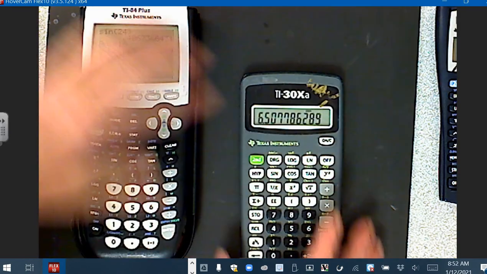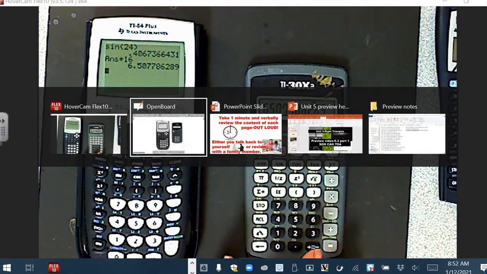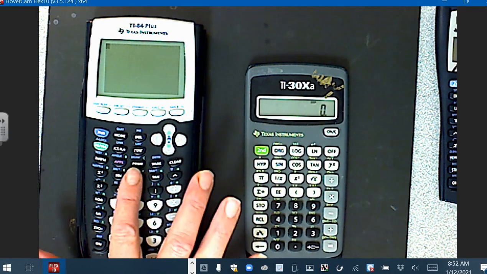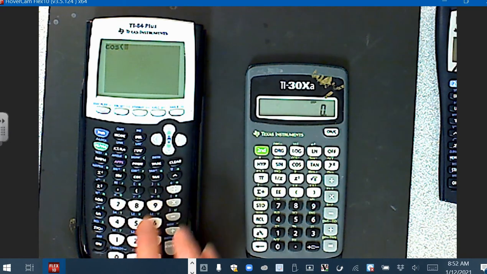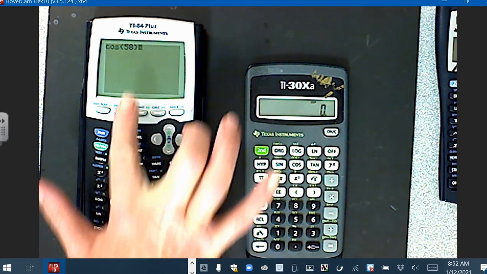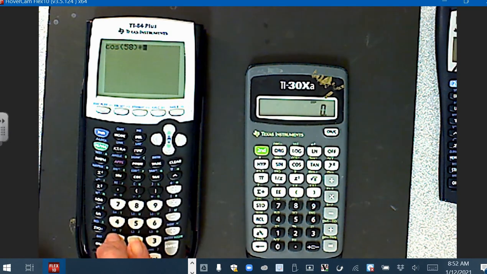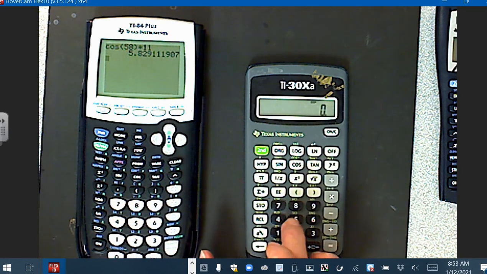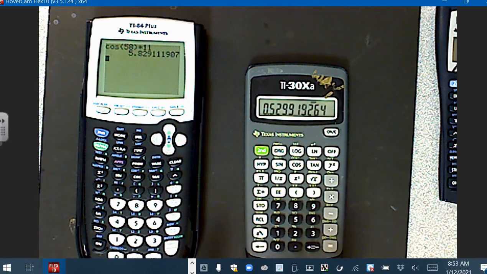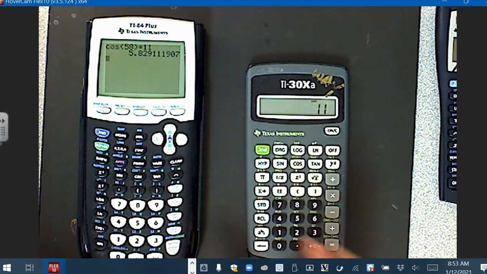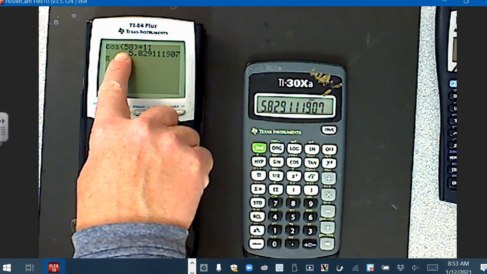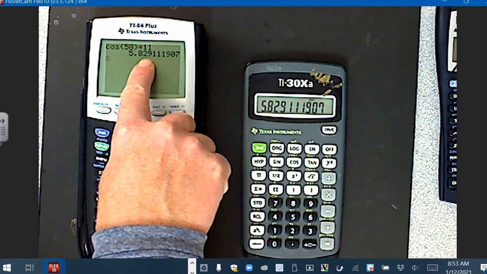On this calculator, cosine 58, close the parentheses up, times 11, enter. Over here, you go backwards, 58 cosine times 11. You're going to get the same answer. You're going to round to the second decimal place, 5.83.